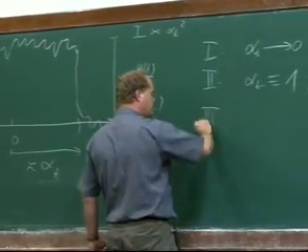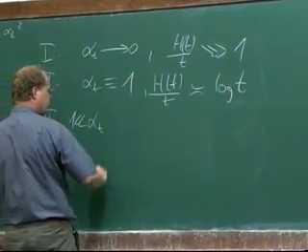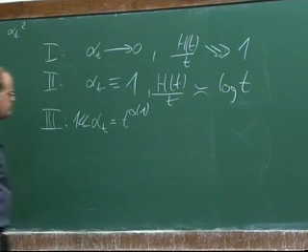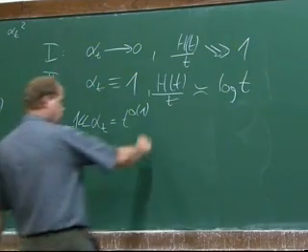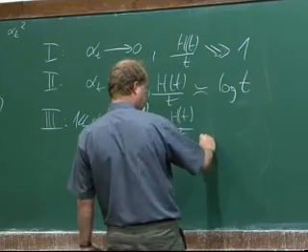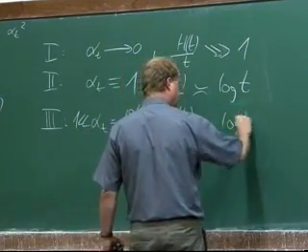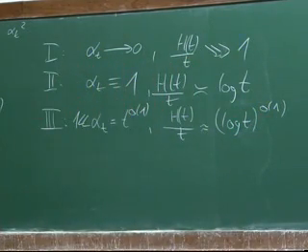The third one is where alpha of t goes to infinity, but extremely slowly, something like logarithmic. And here, h of t divided by t is something like log t to the small o of 1. So this one also still goes to infinity, but only very, very slowly.